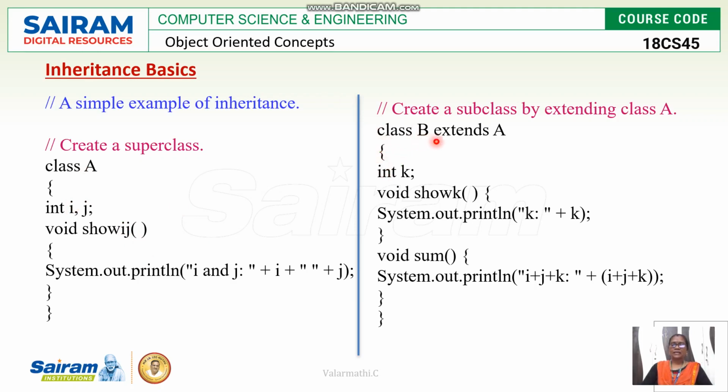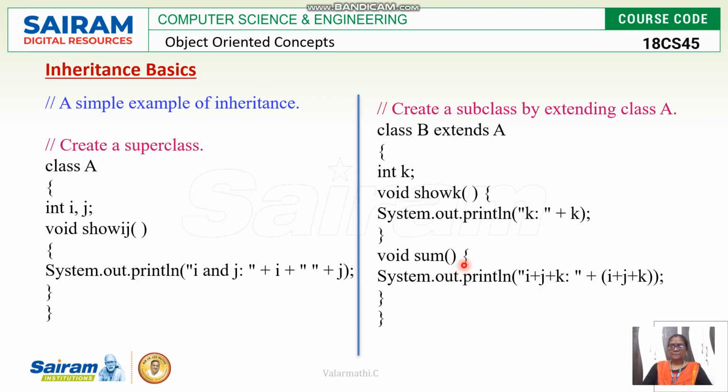This class is inherited by class B using the keyword extends. So class B extends A means A is the superclass and B is the subclass. Class B also has one more instance variable, k, and one more method called showk, which displays the value of k.